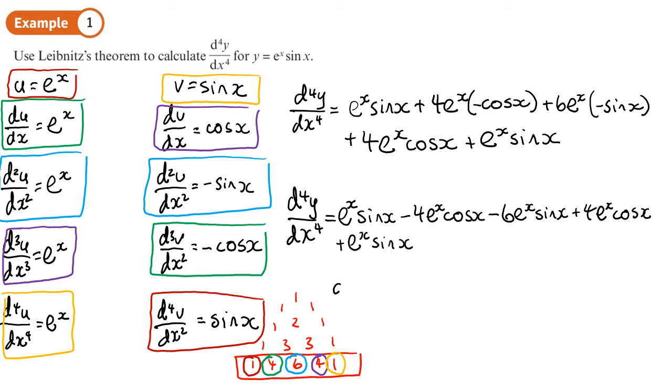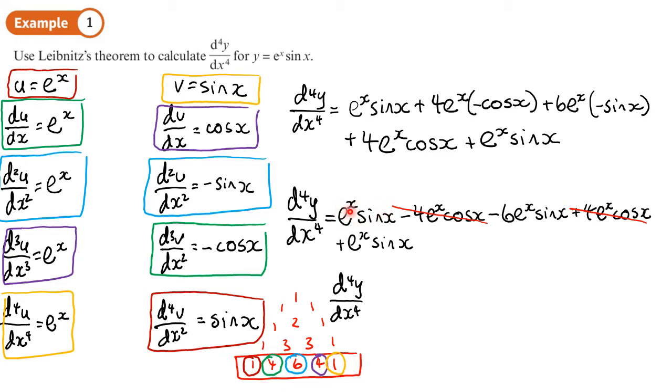Now this can be simplified because there are some like terms here, so this will cancel out, won't it? Like that. And then all of these are all like terms, aren't they?